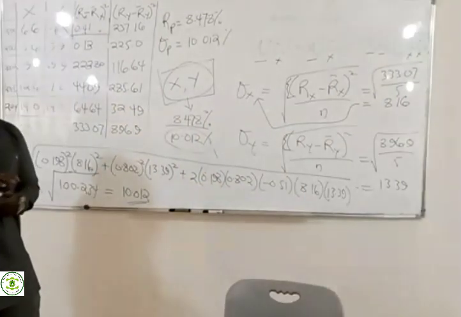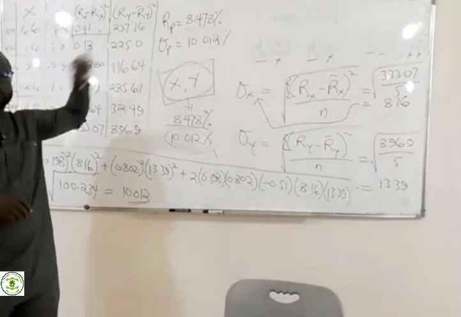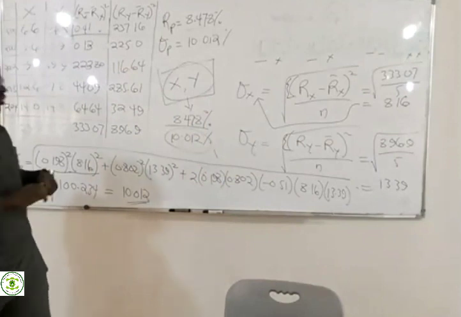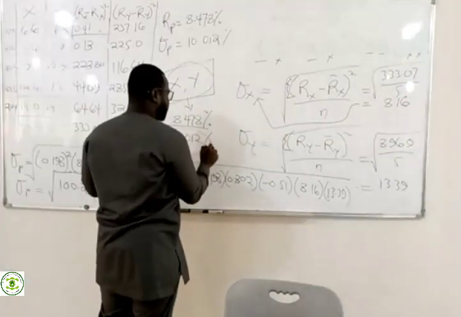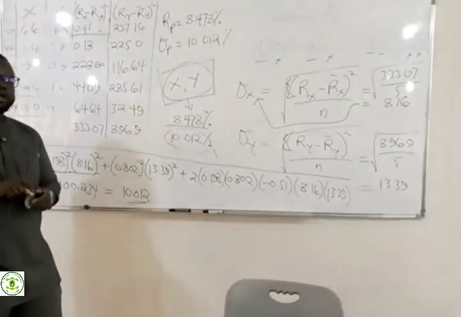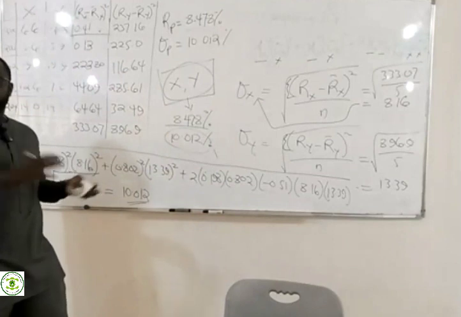Now, one weakness of this measure of risk, the standard deviation, which we said is the traditional way of measuring risk, is that it looks inwardly within the portfolio itself. You will not be able to know the risk over time.